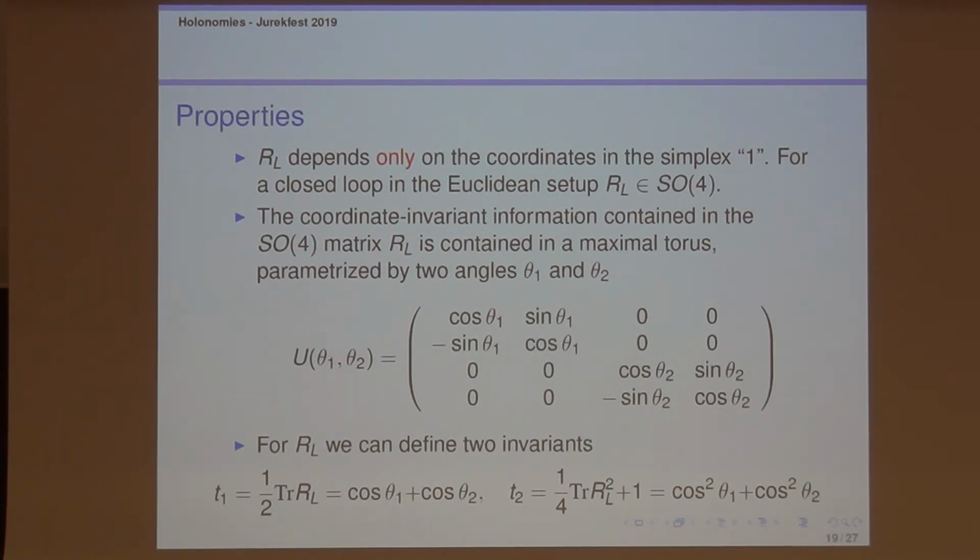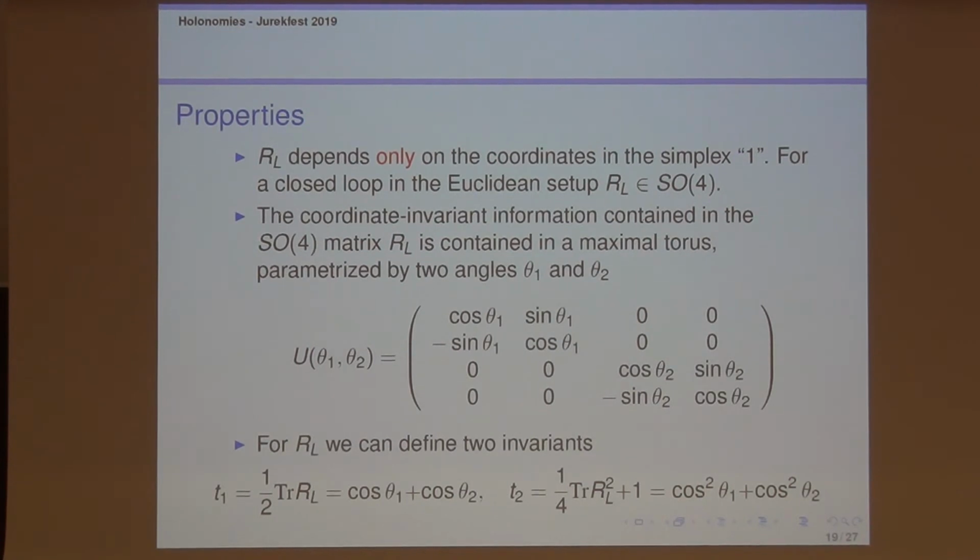by two angles. So if we have an SO4 matrix, we can always block diagonalize it to this form, where we have two orthogonal two-dimensional rotations parameterized by angles θ1 and θ2. By the change of variables, by rotating it, we still can change θ into 2π minus θ.